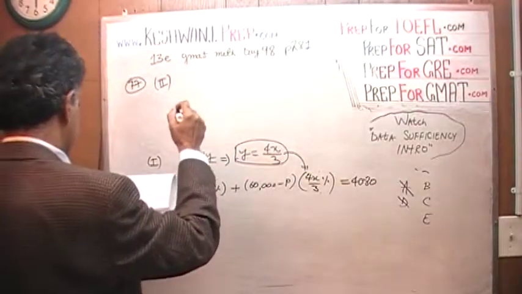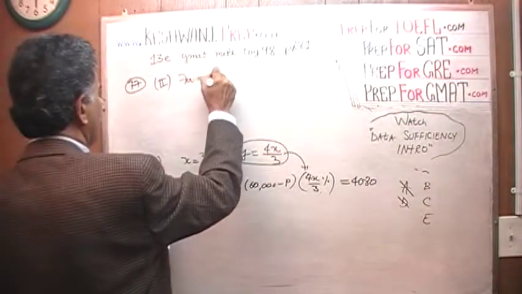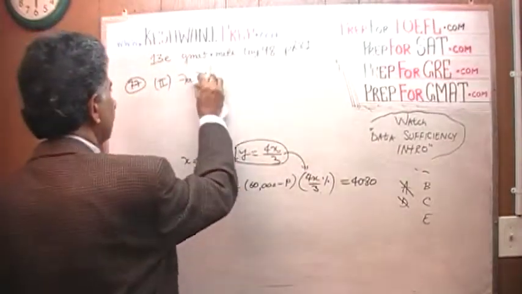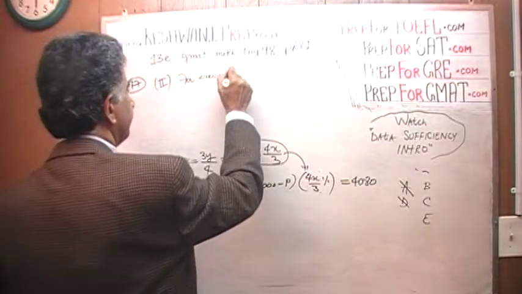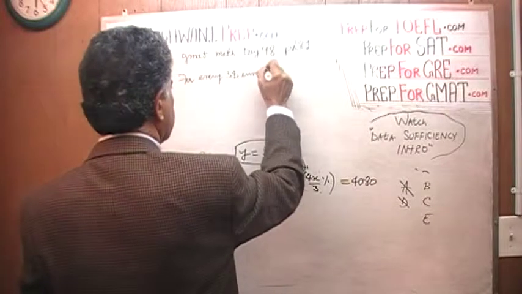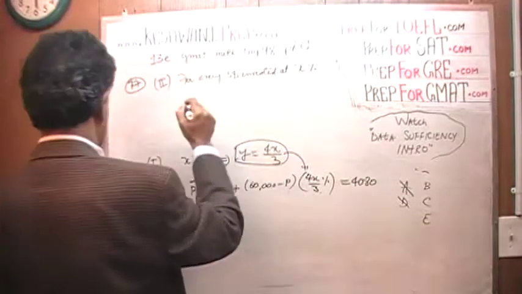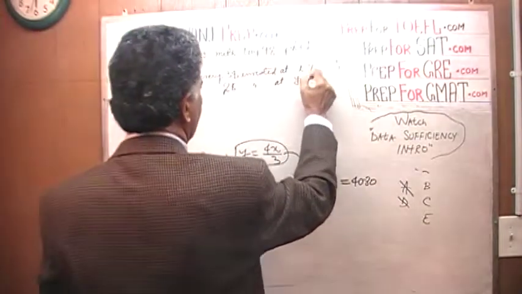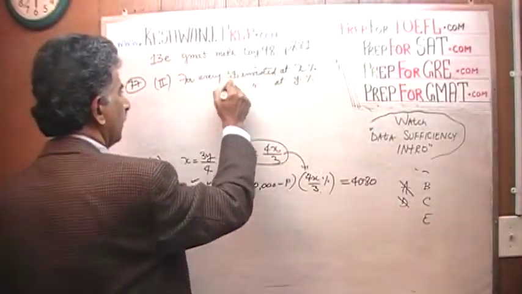that for every $3 invested at X%, $2 is invested at Y%.